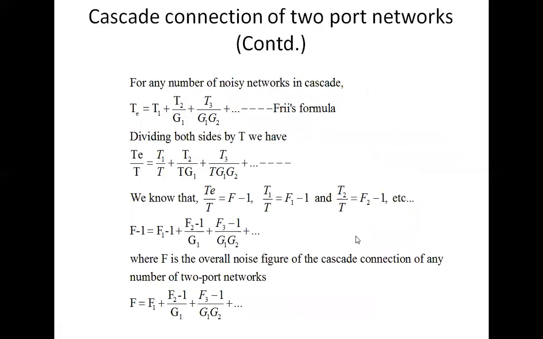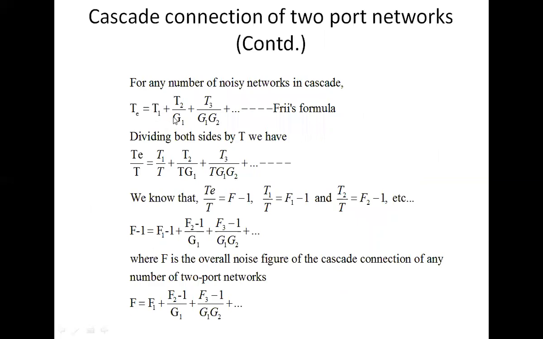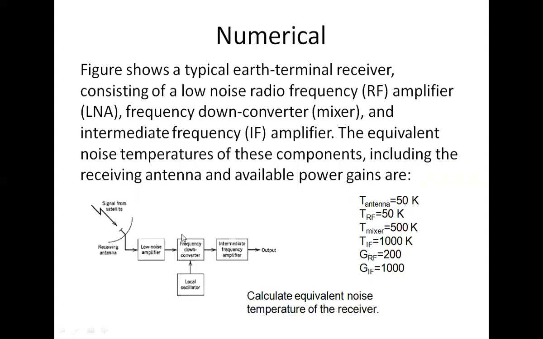So TE, just looking at this formula, TE is equal to T1 plus T2 by G1 plus T3 by G1 G2 plus etc. So now TE is equal to T antenna plus TRF. Note this T1 is something similar to these two together because there is no gain factor for this. Similarly, there is no gain factor for the mixer. So the only gain is for the RF and IF amplifier.